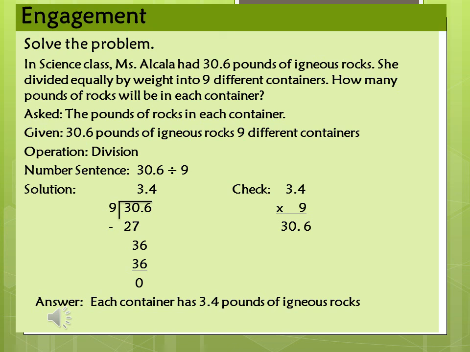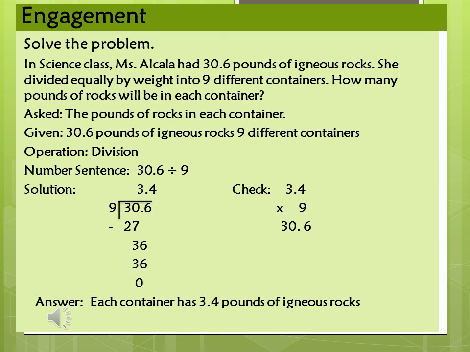What is asked? The pounds of rocks in each container. What are given? 30 and 6 tenths pounds of igneous rocks and 9 different containers. Operation, division. Number sentence, 30 and 6 tenths divided by 9. Solution, 30 and 6 tenths divided by 9.